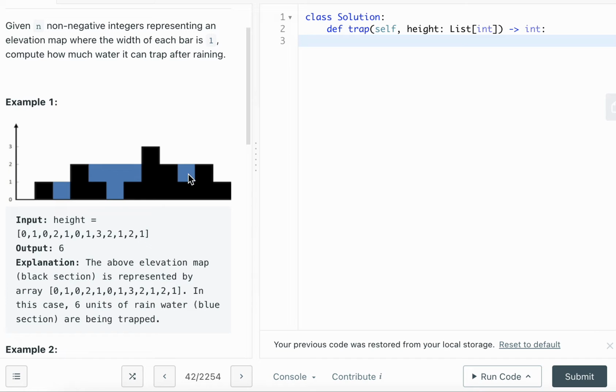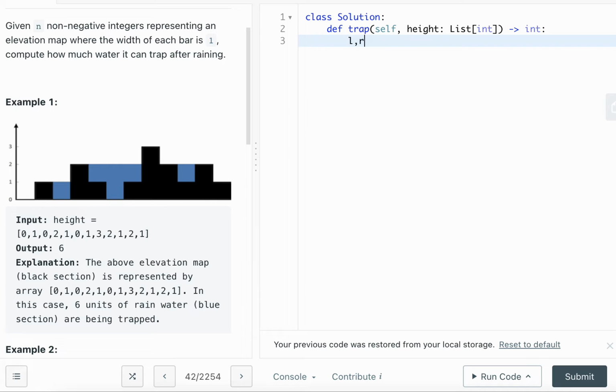What makes this problem more complicated than the other similar problem we did in the past is that you count against the left max or right max, minus the height itself, if that makes sense. I think you will know better if I show you how to do this in code.